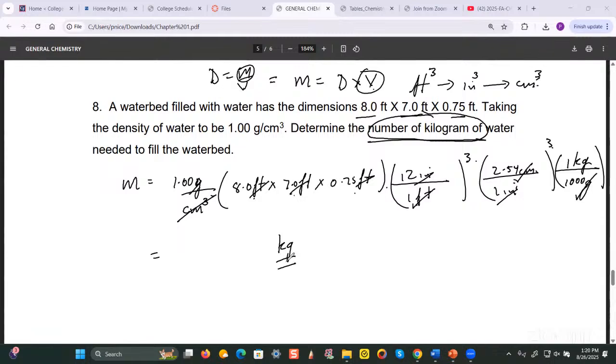I get a long string of digits, but I need to round off. What's the lowest number of sig figs involved? 2 sig figs, right? So I need to round this off to 2 sig figs. And when I do that, I end up with 1.2 times 10 to the 3 kilograms as your final answer.